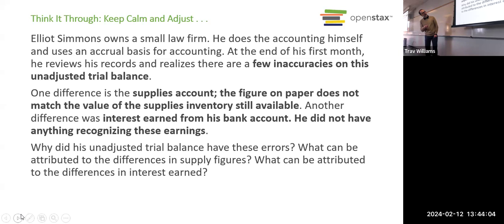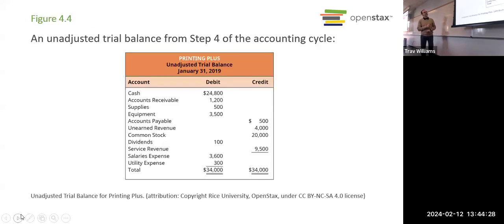The other one says interest earned from the bank account, and he didn't show anything recognizing those earnings. So for example, maybe he got a bank statement that says we've earned some interest. But if he didn't go in and make the adjusting entry, then the accounting records are going to be wrong. Okay, that's why we have to make adjustments.